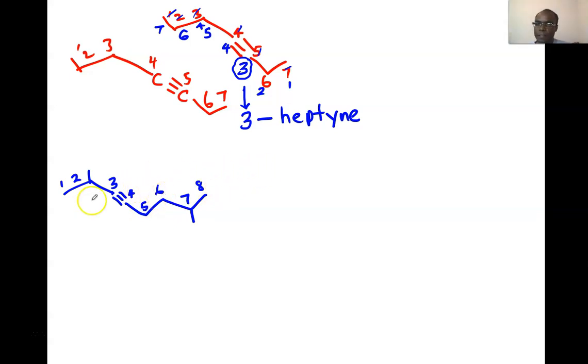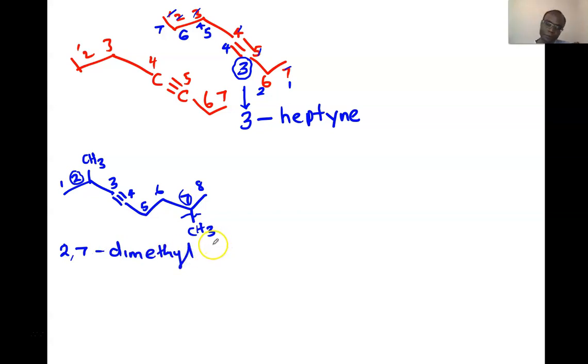Because we have a substituent, we have to start with the name of the substituent, and there are 2 of them, one at the 2nd carbon, another one at the 7th. So it's going to be 2,7-dimethyl, because there are 2 methyls. Then we specify the position of the triple bond, 3, and there are 8 carbons in the longest chain, so oct, and then there's a triple bond, so yne.